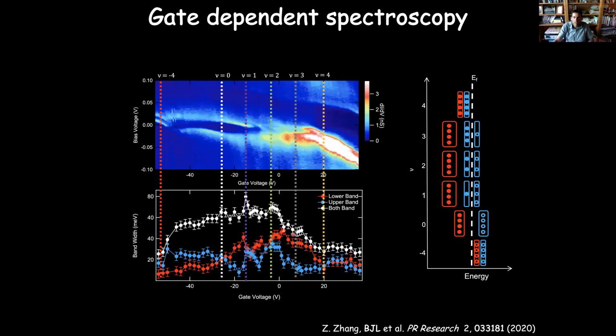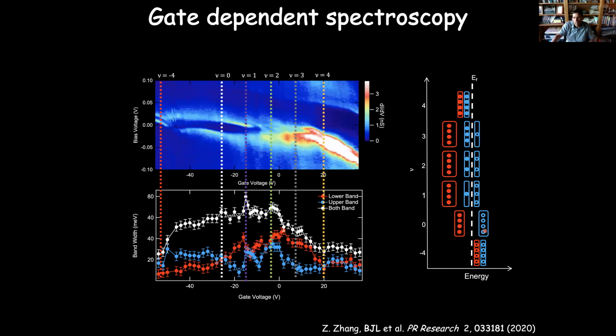That's essentially what you see happening here as we go through this band filling, starting here at this -4 state on the left. Both bands have 0 electrons in them, so they're both fully empty. When we hit this charge neutrality point, we have 4 electrons in the lower band.